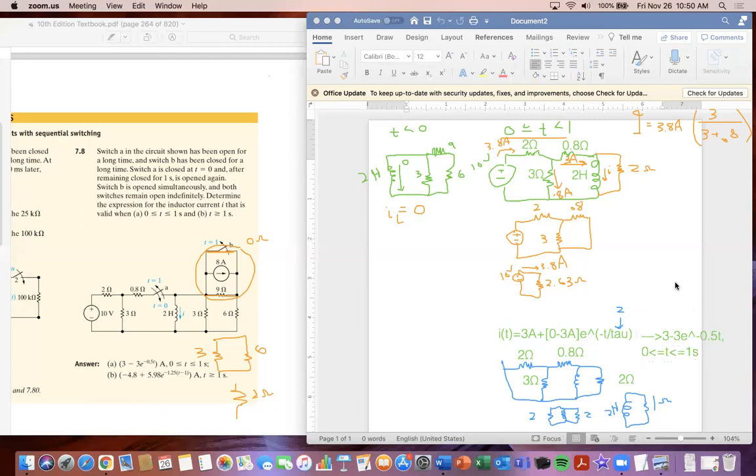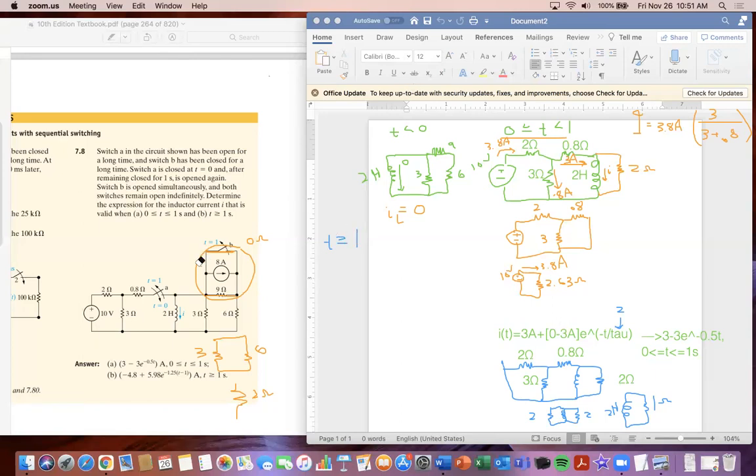And then we're going to move on to part B, which is above or at 1 second. And so now we're going to do that. So at 1 second, let's look what happens. Okay, so I'm going to draw that over here. So at t is greater than or equal to 1, what is our circuit going to look like?